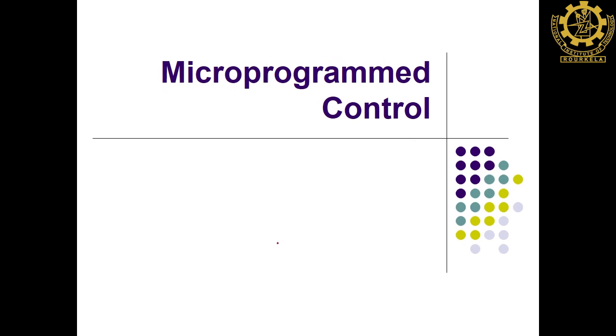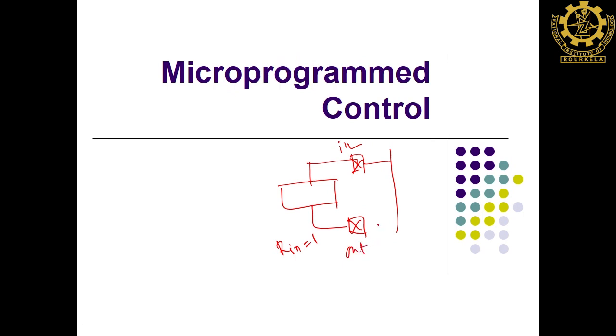So, earlier we learned that R in equal to 1 should be activated. So, one signal should be there. If you have a register here and then you have a connection here, let us say this is in, this is out, what you basically have to do is this point should be 1.